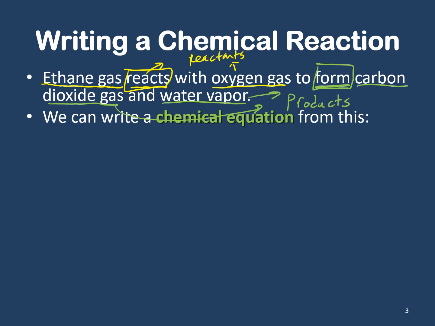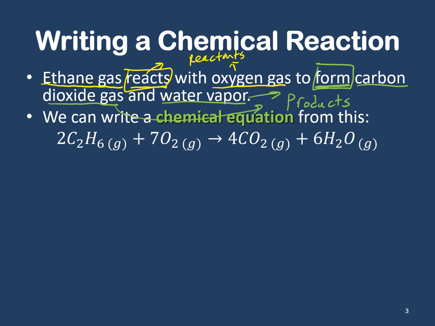Now we can write this chemical equation from the sentence, something like this. Now again, the numbers in front of our substances are from what we call balancing our chemical equation, and we're going to discuss that in the next lecture video. But ethane we know is C2H6, and since we know it's in the gaseous state, we're going to put parentheses lowercase g next to it.